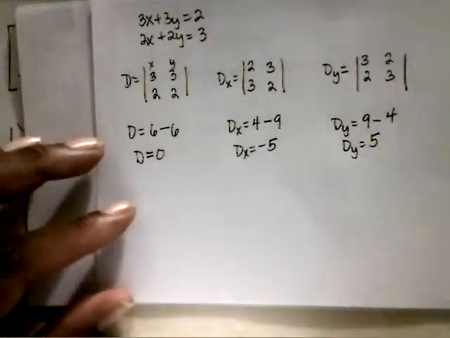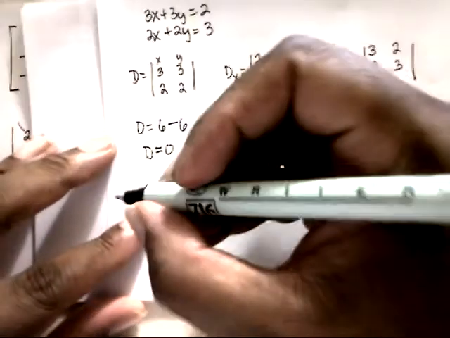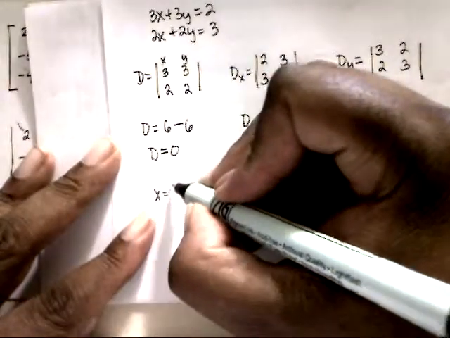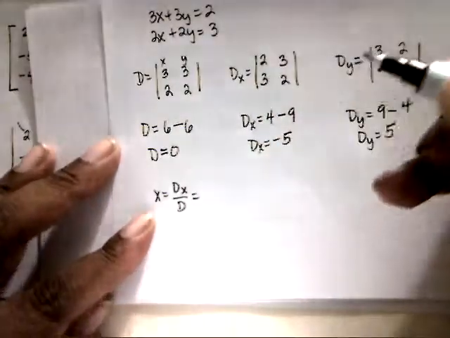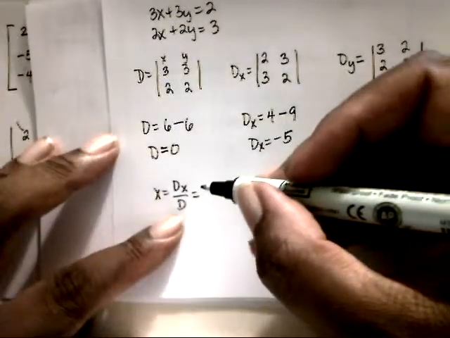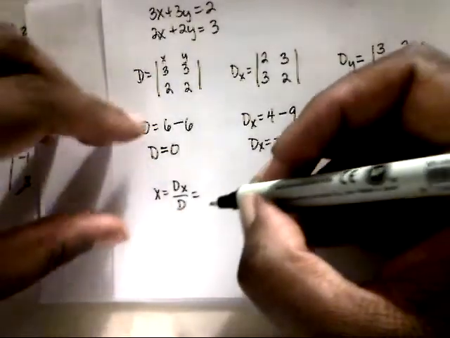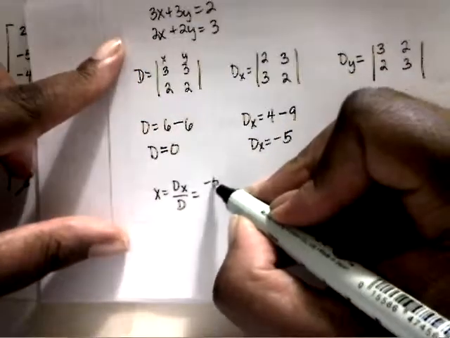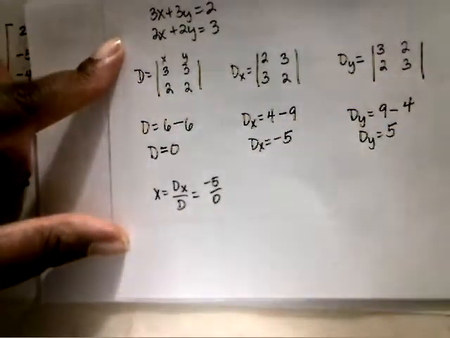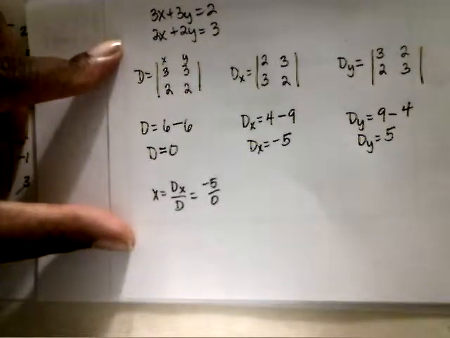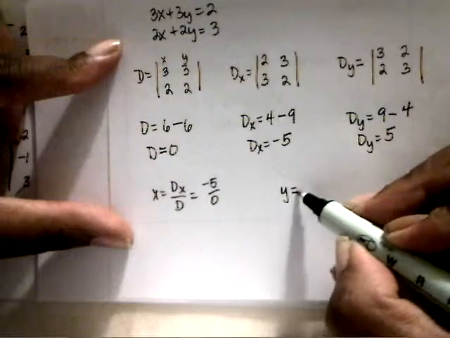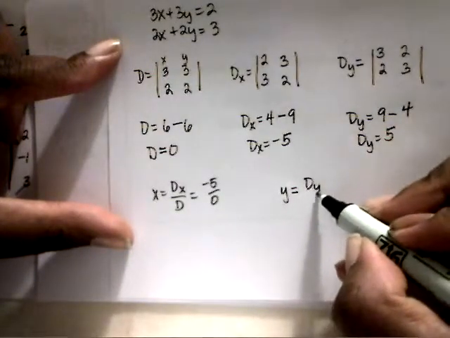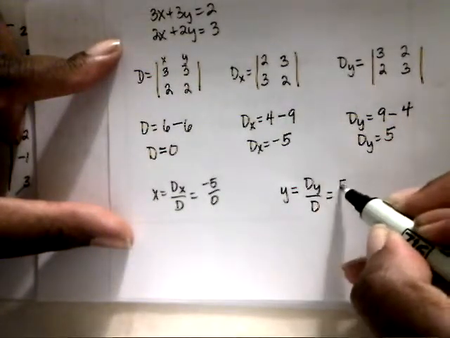Even if you try to find out what x is, or what y is, notice d is 0. For x, that's going to be negative 5 over 0, and we know we can't divide by 0. That's undefined. The same holds true if we try to find y, which is d sub y divided by d.